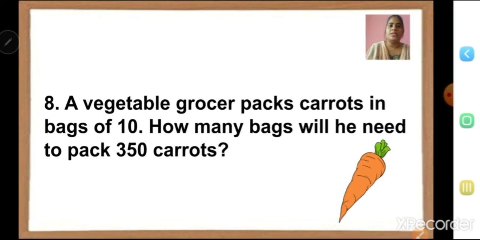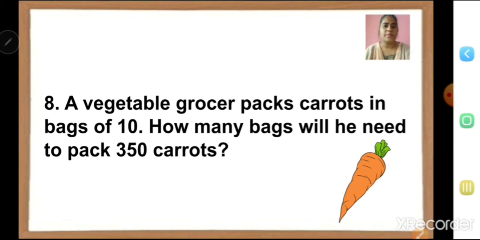And the vegetable grocer, he is packing them in bags of 10. So in one bag there are 10 carrots, another bag there are 10 carrots, another bag there are 10 carrots. So he is dividing 350 carrots into bags of 10 each. Correct? So that means we have to divide here in this question.